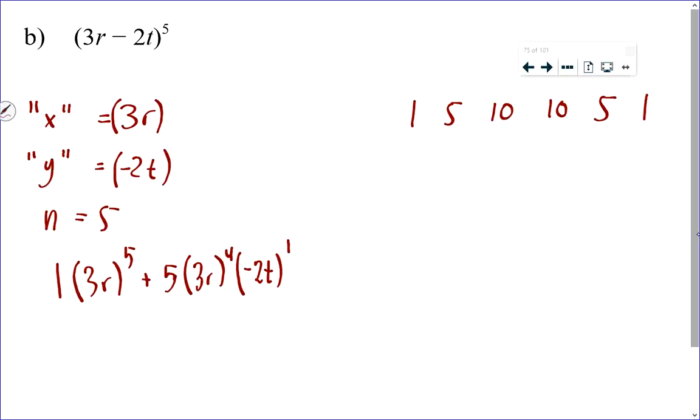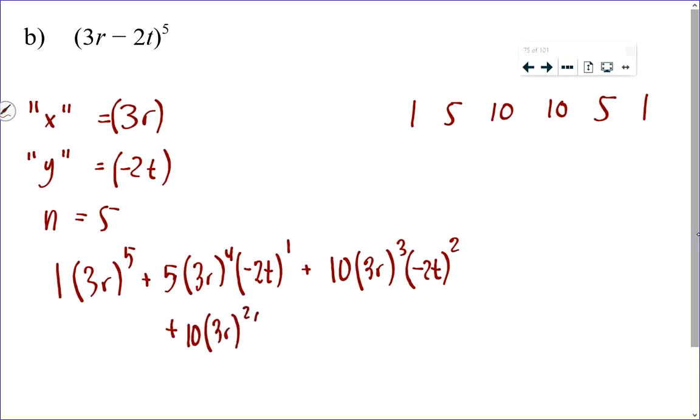Continuing on, I'm going to get 10. My 3r now, which is to the 3, is multiplied by the negative 2t, which is to the 2. Continuing on, I'm going to have 10, and then my 3r to the 2, my negative 2t to the 3.